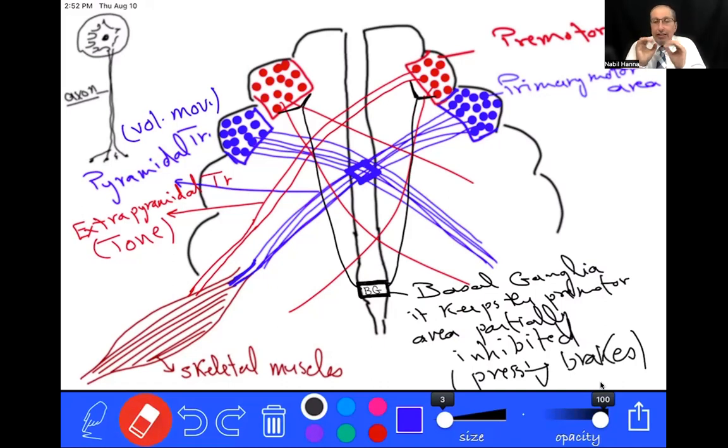We call these two symptoms, muscle rigidity and involuntary movements, extrapyramidal symptoms. Resting tremors, involuntary movements at rest. We call them extrapyramidal symptoms.